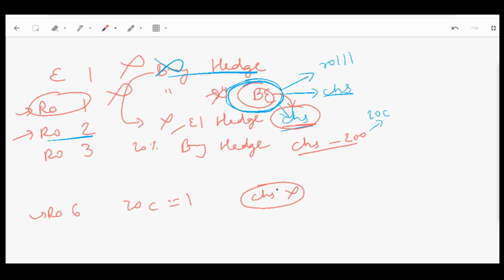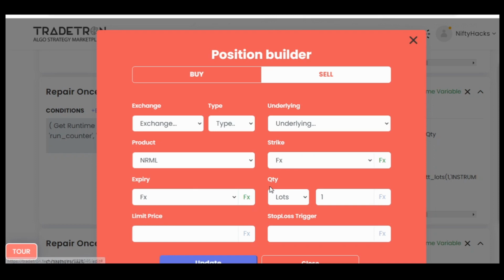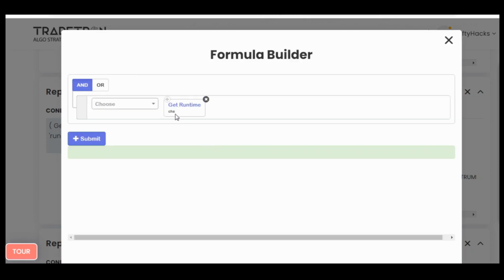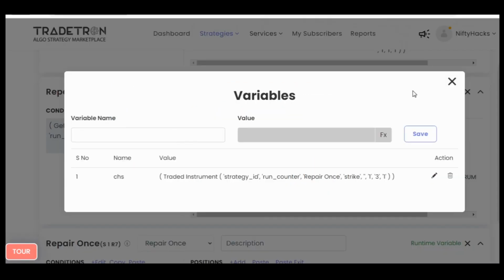And now we can give this RO3 hedge, because currently this hedge will be present in the trade, this CHS. So let's see whether we have done that or not. So once RO6 has happened, we have exited the call hedge strike, whichever is the hedge strike, I don't know, let Tradetron know that whichever hedge is present, exit that.